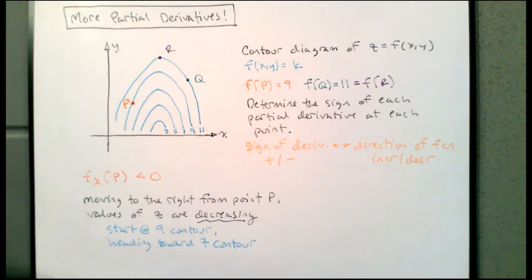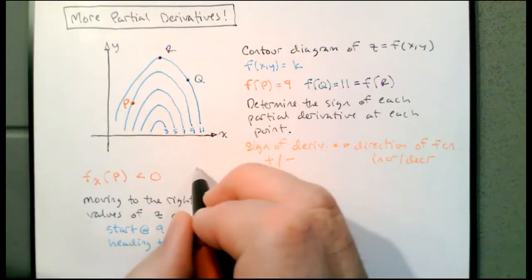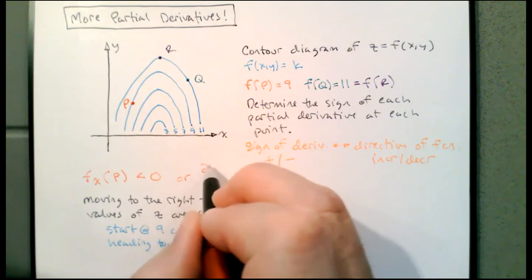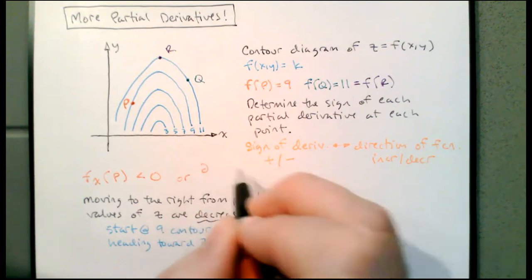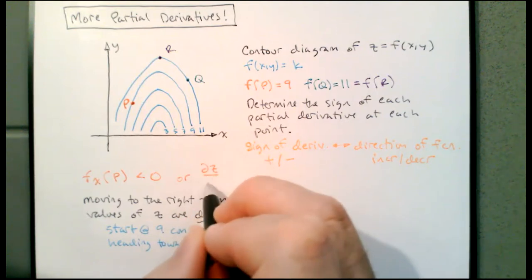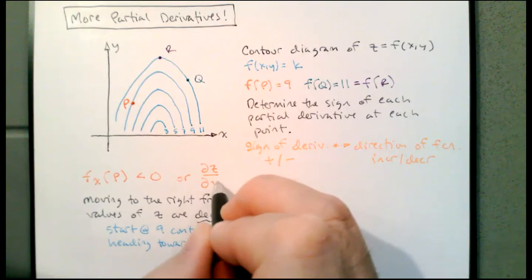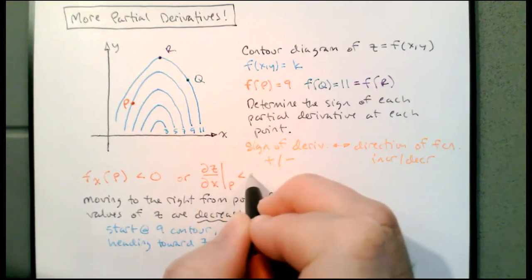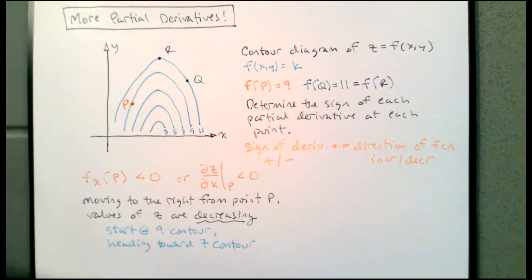We could also write this with Leibniz notation by saying the partial derivative of z with respect to x evaluated at the point P is negative. So we would say that z is decreasing in the x direction at the point P.